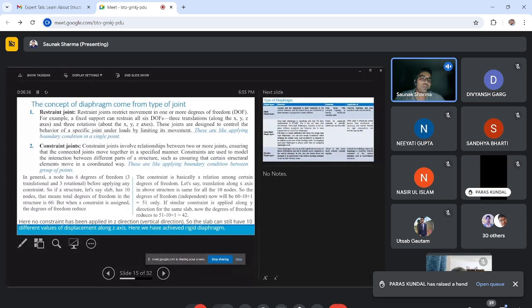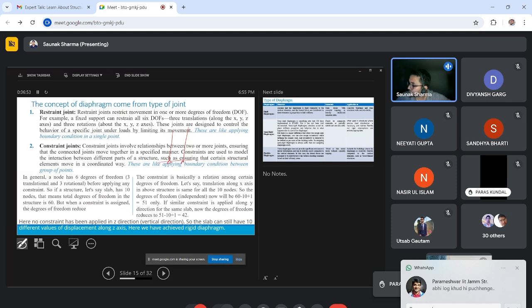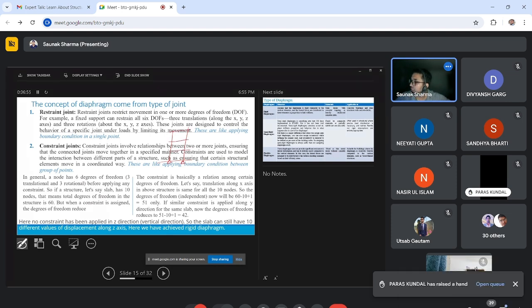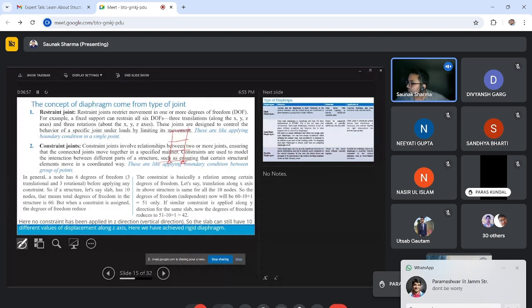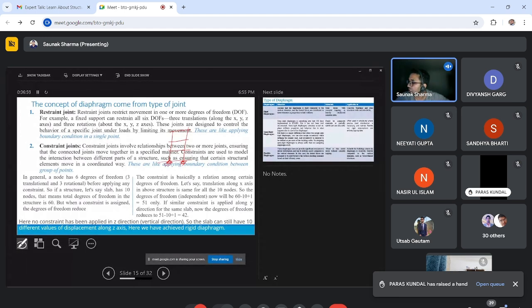To understand the diaphragm, we need to know about a joint first. There is a restraint joint, and another is a constraint joint. Restraint joints are like support systems. I'll go through them just briefly. These are support systems, which might be fixed, hinge, or roller, that relate to only one joint.